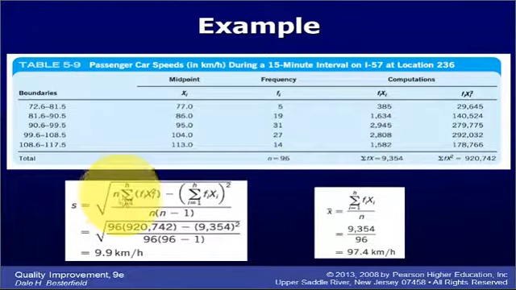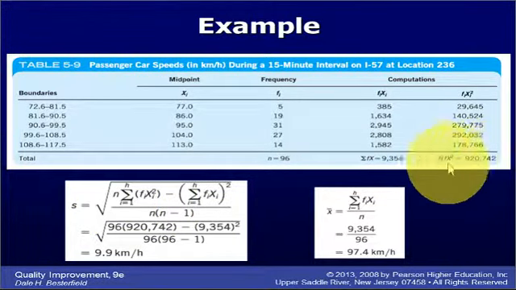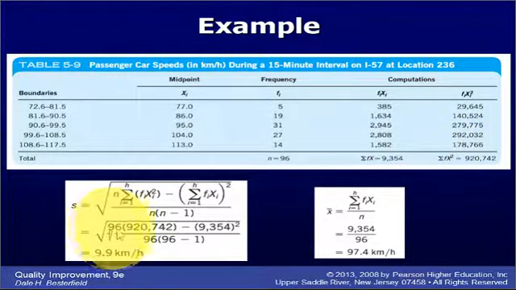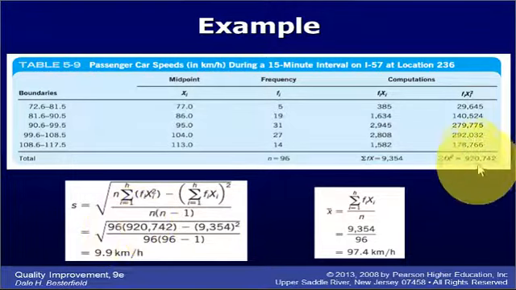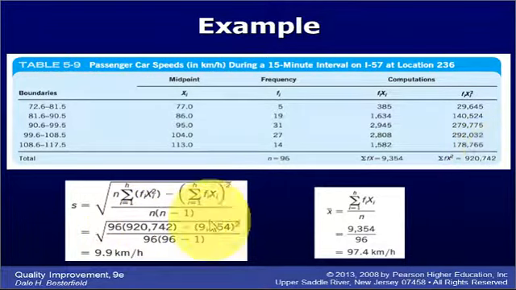This is the n times this sum. So you use 96 times this value, and then you minus the square of the sum of Fi times Xi. So you use this value here, put in the parentheses, and compute the square of this value.